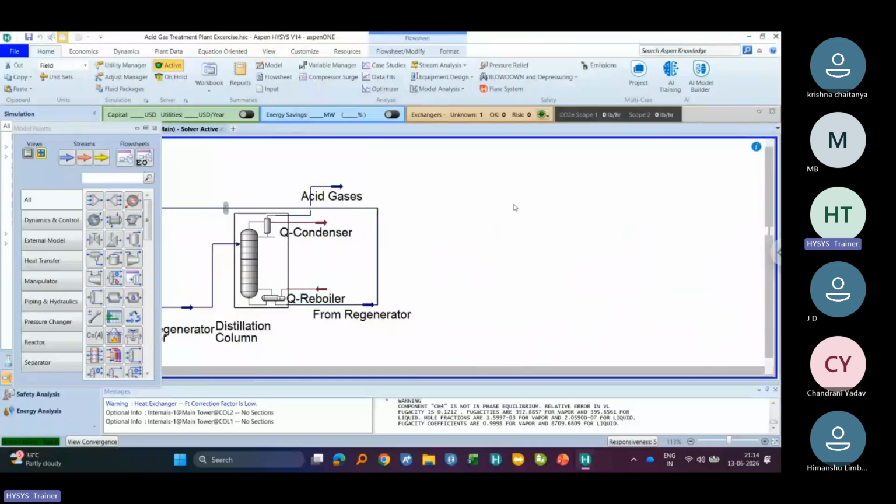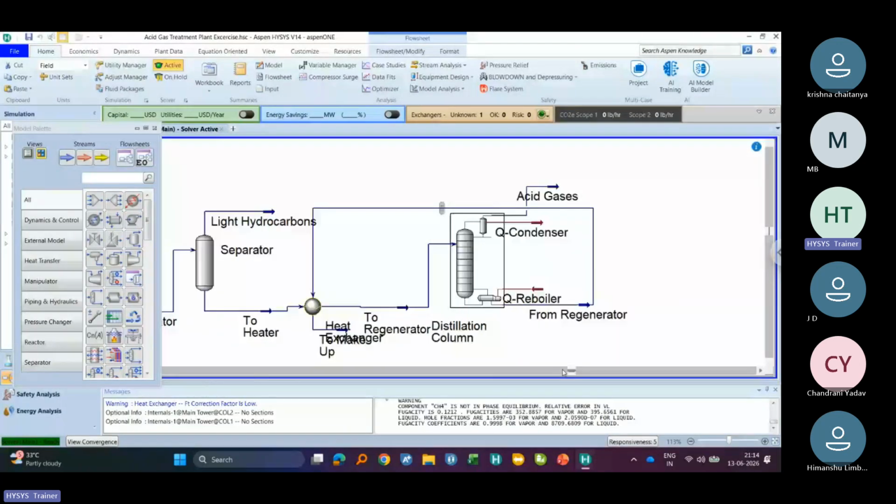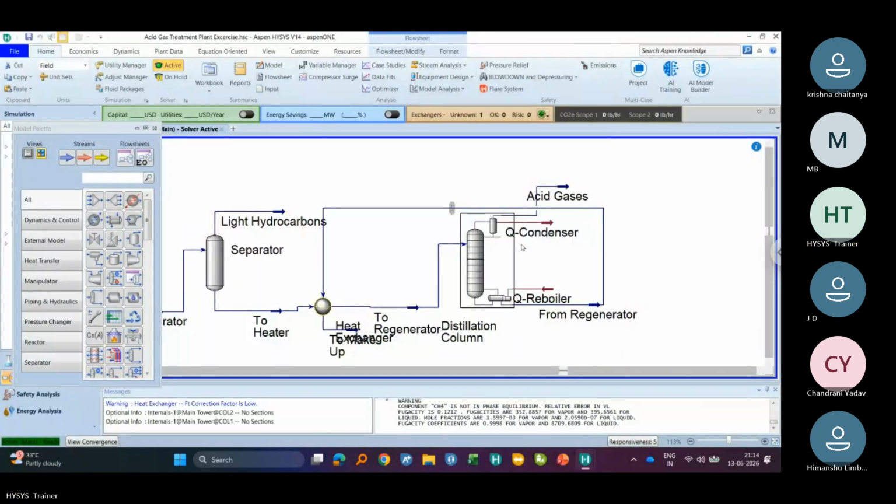So let it be. This is just a warning. This is not an error, and it is not causing our simulation to stop. So let's not worry about that at this stage, and we will go ahead with the further simulation.